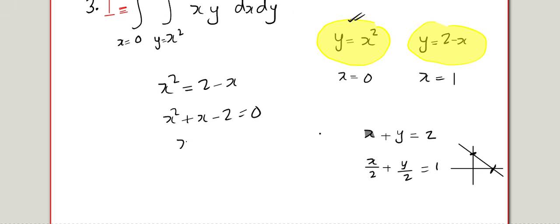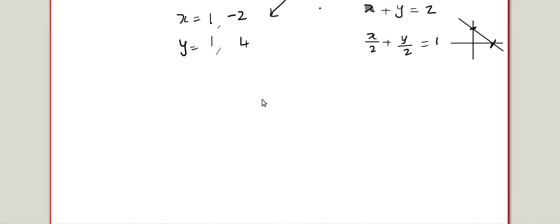So the points of intersection are x equal to 1 and minus 2. So the corresponding y coordinates will be 1 squared and 4. You can plug it anywhere you like. So the y values are here.